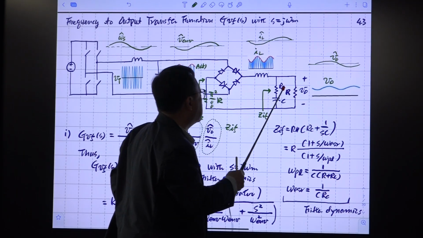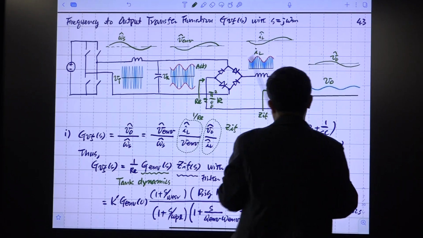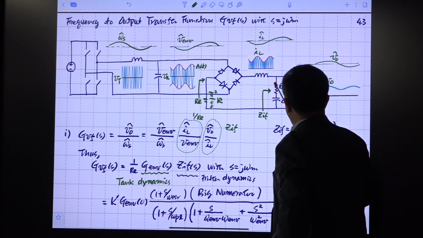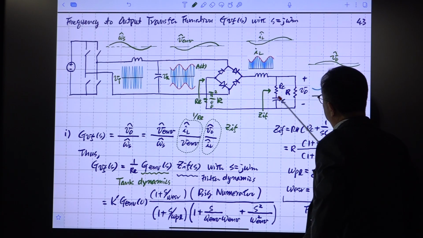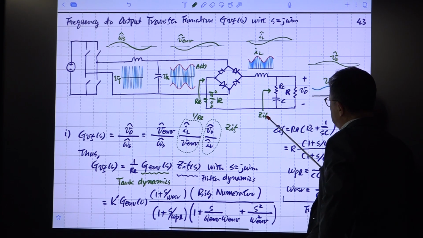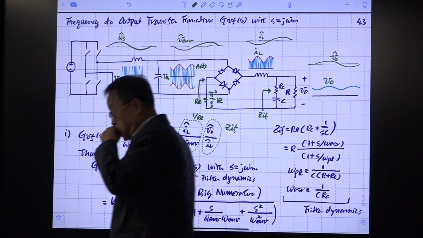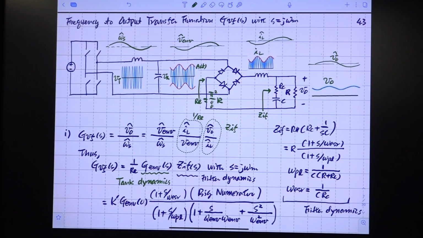And this is the low pass filter characteristic, and this will be multiplied to this one. The input impedance of this low pass filter, consisting of the capacitor and load resistor, is denoted as GIF. Okay? So the transfer function from the frequency to the output voltage is this one. Frequency to output, right? We analyzed this switching frequency to envelope transfer function.